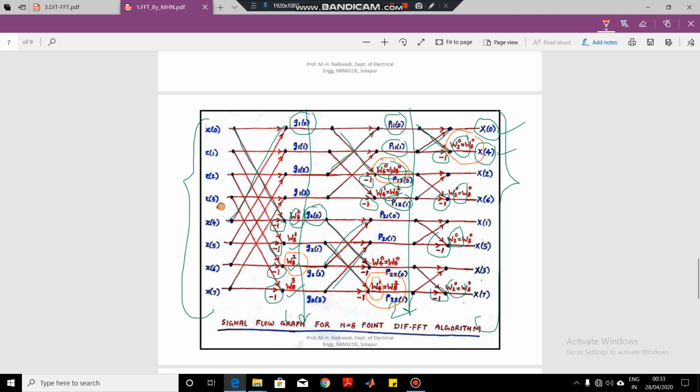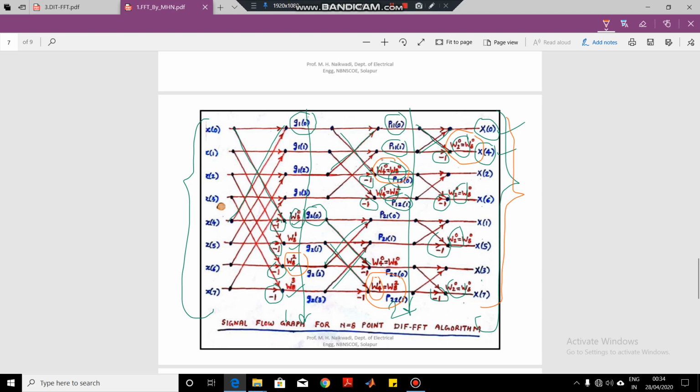Now why is this called decimation in frequency? Because if you see here, the output we are getting is in the bit reversed order. That means this is decimated in frequency, because after decimation we are getting the bit reversed order. If you remember, when we decimated the time domain sequence, our normal sequence was 0, 1, 2, 3, 4, 5, 6, 7, but after decimation in time we got 0, 4, 2, 6, 1, 5, 3, 7.